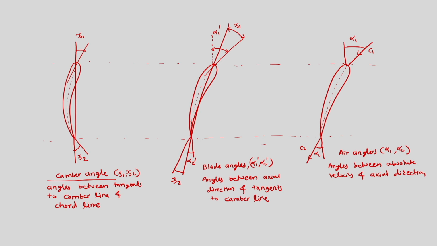So having said this, we can continue here showing the other angles. Among that, first was the stagger angle, and stagger angle can be shown over here. This gamma will be the stagger angle, which is between the chord line and the axial direction. So other settings we can easily make out as what we did earlier. Camber angle theta is equal to chi 1 plus chi 2, which is alpha 1 dash minus alpha 2 dash.